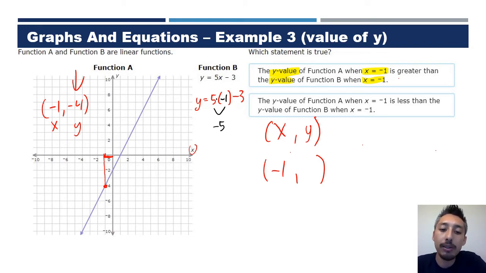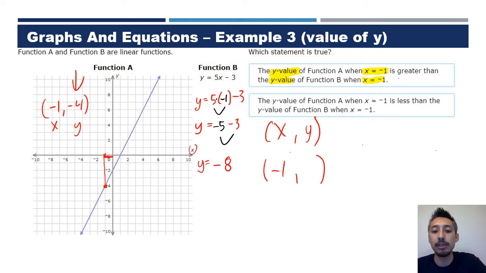I'm going to bring down the -3, and all of this is still equal to y. The next thing, what is -5 minus 3? -5 minus 3 is -8. So here we have y is equal to -8. So this means that when x is -1, y is -8. So this is what we were looking for for function B, -8.